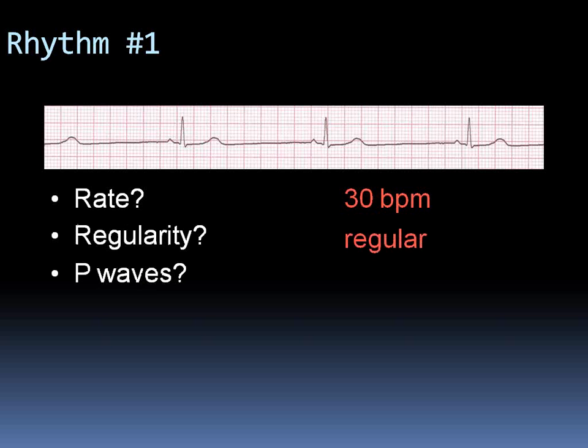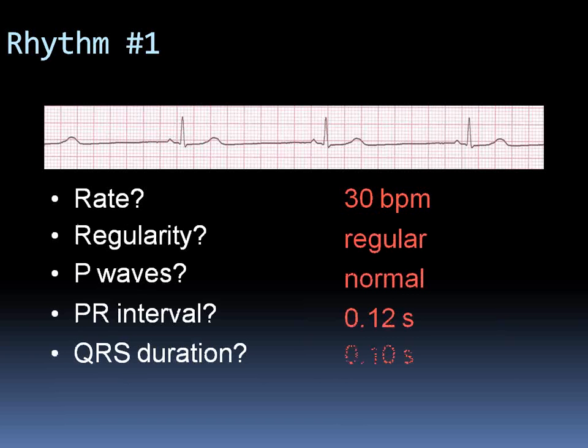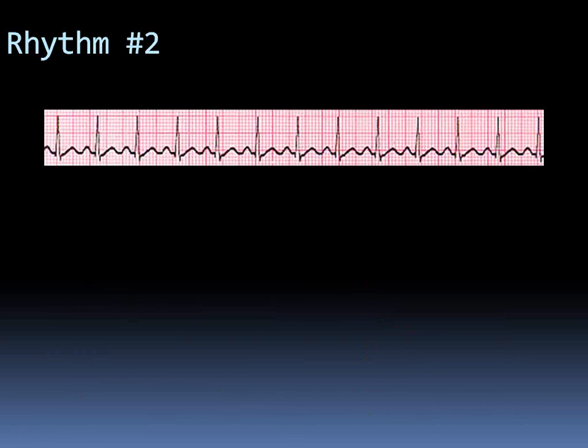Very regular, very slow, P wave before every QRS, and the PR interval is normal. And see the QRS, it looks normal too. It's narrow and not wide. Sinus bradycardia. Okay.